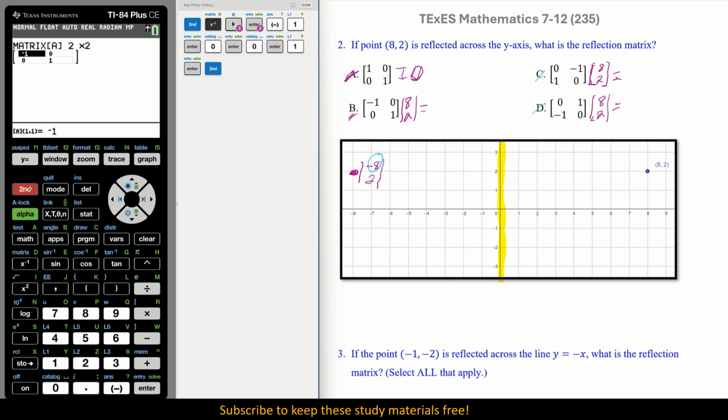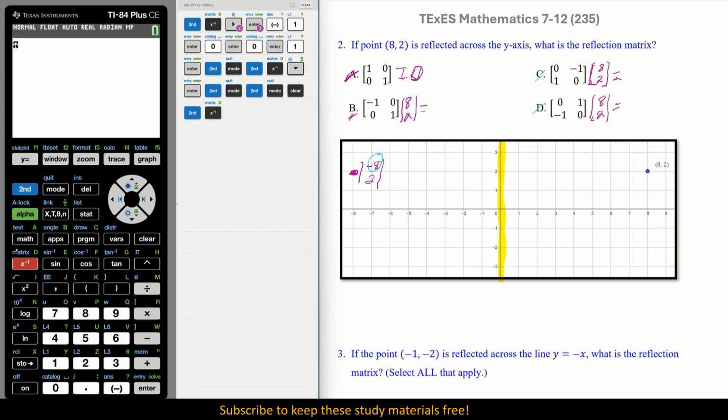Okay, so back out, second mode. Okay, now second matrix, and let's alter B to be our (8, 2) coordinate. Okay. Oh, nope, I forgot to go over to edit. I make that mistake more than I want to admit.